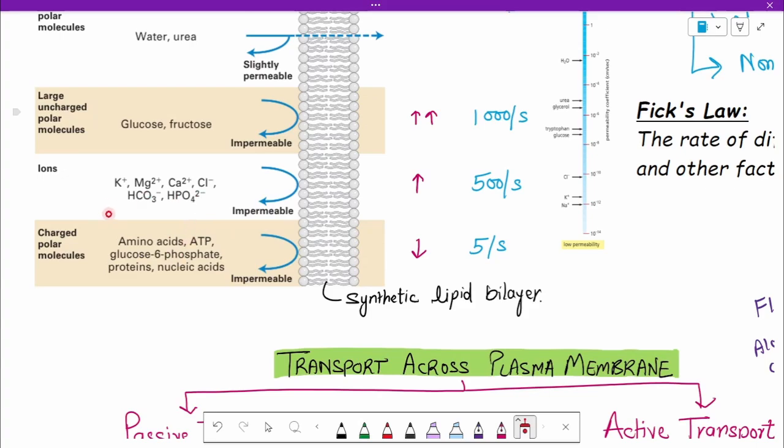So all these molecules, even amino acids, nucleic acids, can enter and leave our cells. But they cannot do so on their own. They need a certain type of transporter proteins to get through this plasma membrane. That's what we will try to understand in today's lecture.